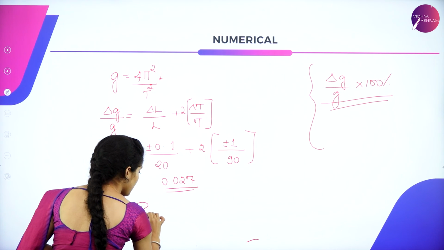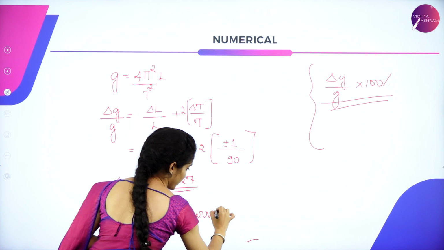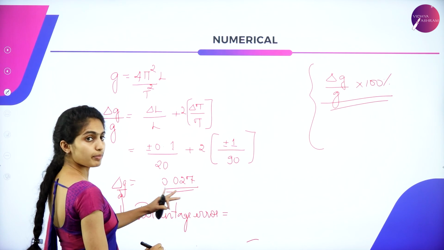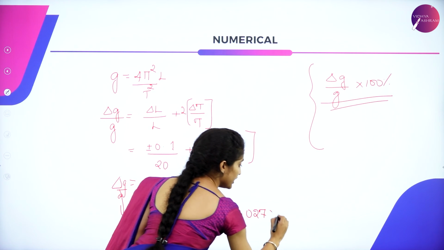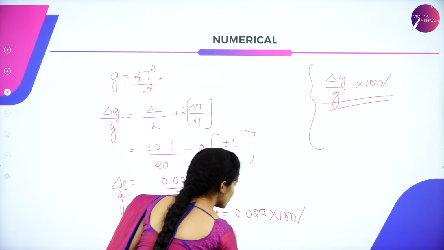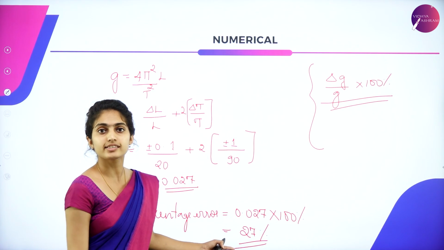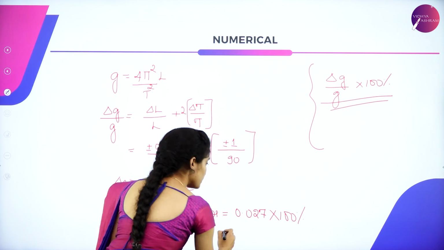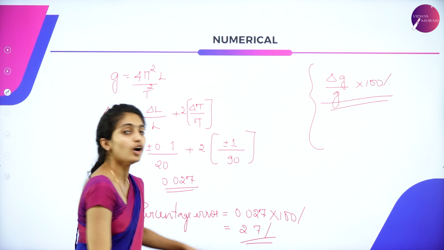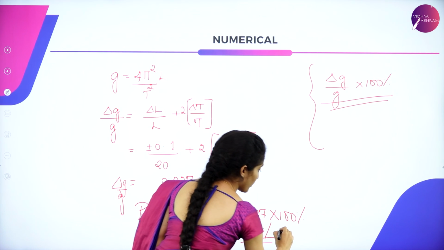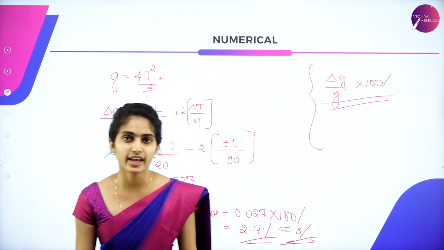So we calculate percentage error is equal to delta G by G, which is 0.027, that is the relative error, into 100%. So you get 2.7% as your percentage error. We can approximate it to 3% as your percentage error.